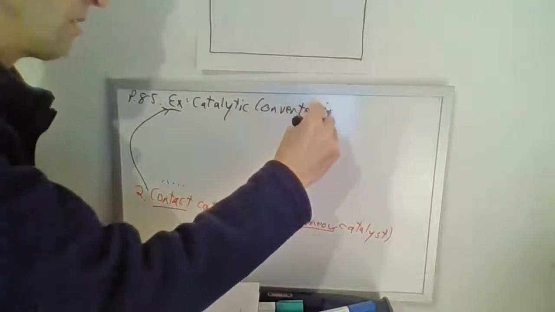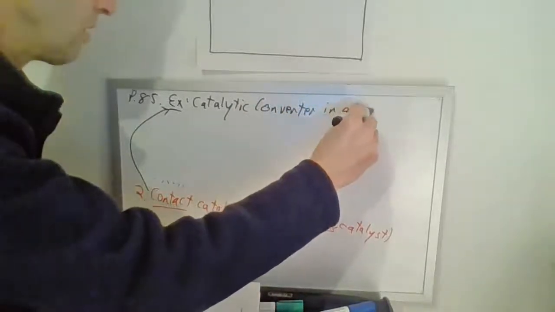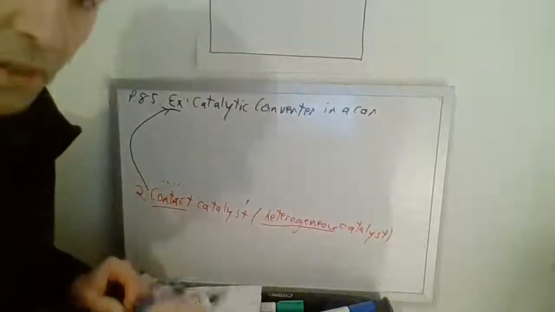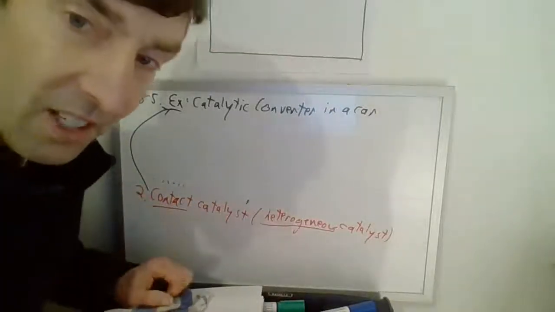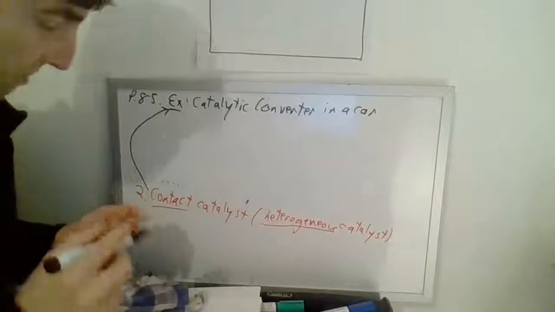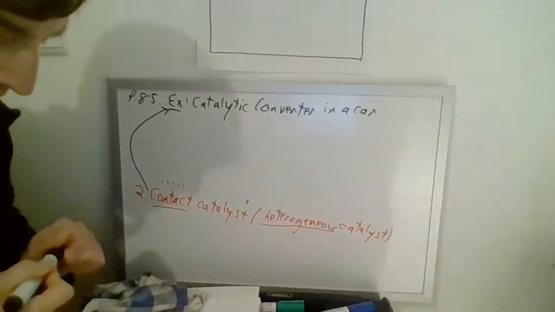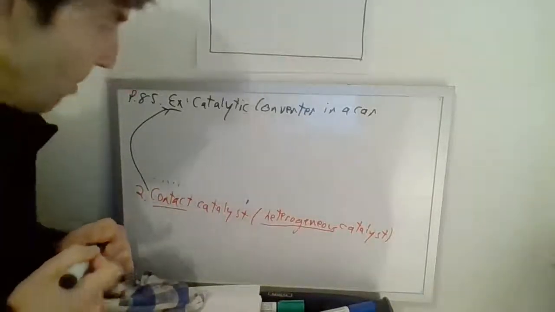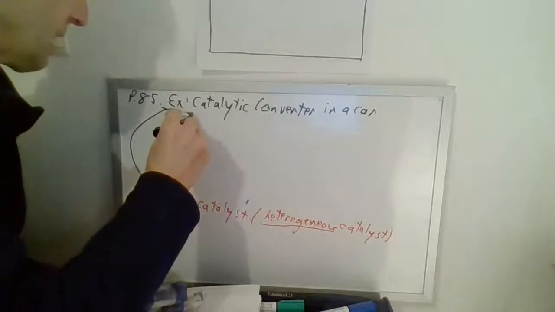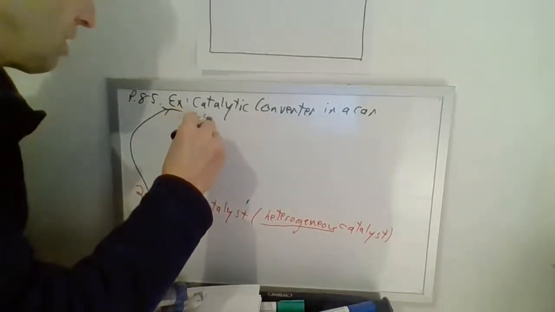In a car. Or if you want the German word, Katalysator. Well, what does this thing do? I can't draw it as well as Cheryl, but I'm just going to roughly say it cleans your exhaust.